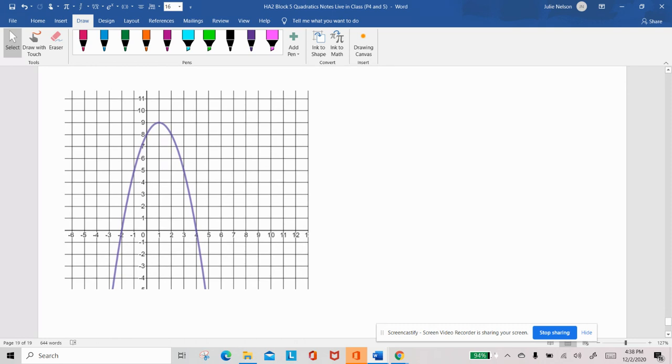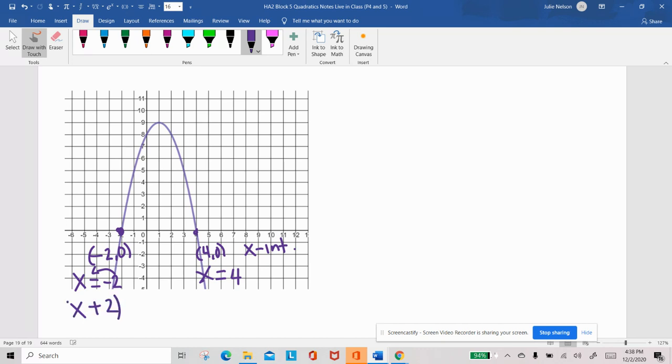Let's take a look at this one right here. We're going to find our x-intercepts. They happen to be at -2, 0, and 4, 0. Again, these are x-intercepts, so that means x equals -2 and x equals 4. Before I solved for x, it was x plus 2, and before I solved for x, it was x minus 4.